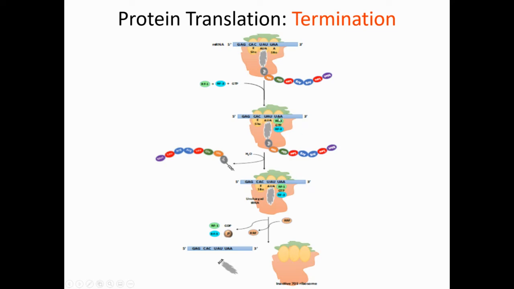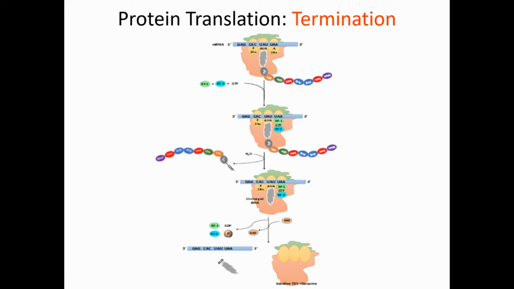RF1 recognizes UAA and UAG. RF2 recognizes UAA and UGA. And RF3 facilitates the binding of RF1 and RF2 to the ribosome.